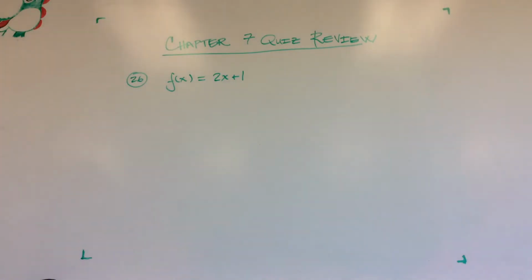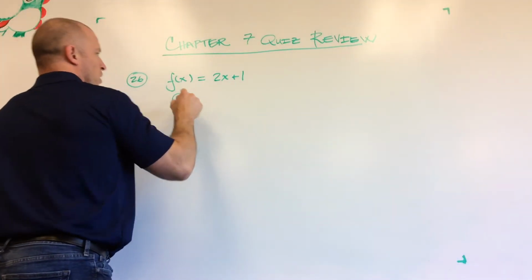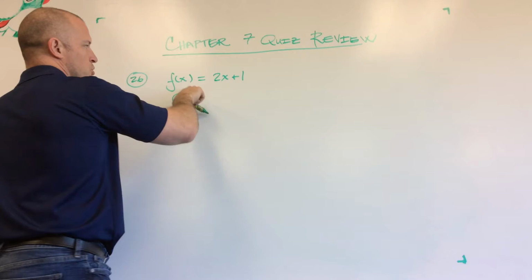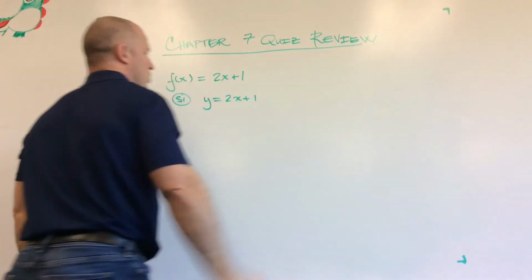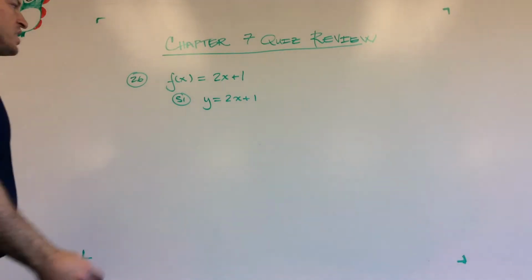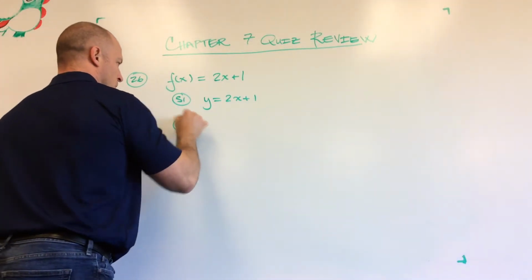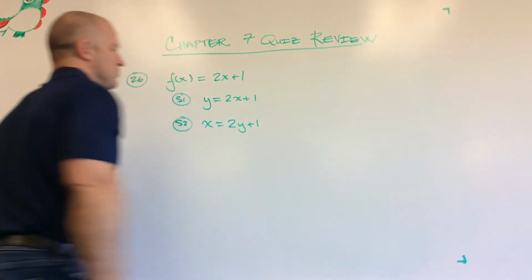Here we go through our normal four-step process. Step 1, we're going to rename the function to just reintroduce y. So we rename this y equals 2x plus 1. Step 2, we're going to exchange x and y in the equation. So we now get x equals 2y plus 1.